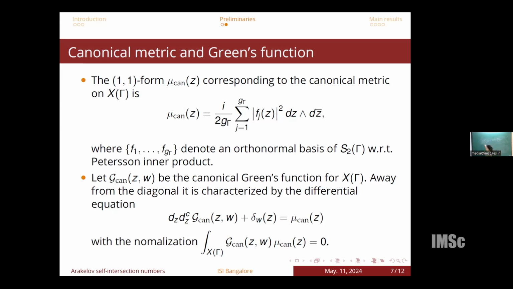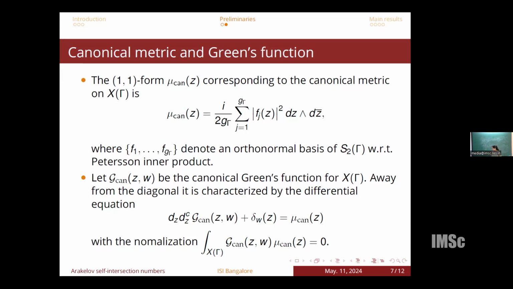Here the volume is 1, that's why it is only mu_can. And with this normalization condition, if you integrate g_mu(z,w) mu(z), you will get 0. Here I have taken mu as mu_can, or you can also take mu_hyp, which I defined in my previous slide.